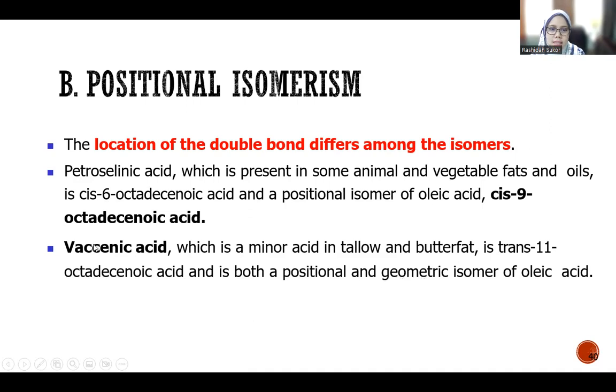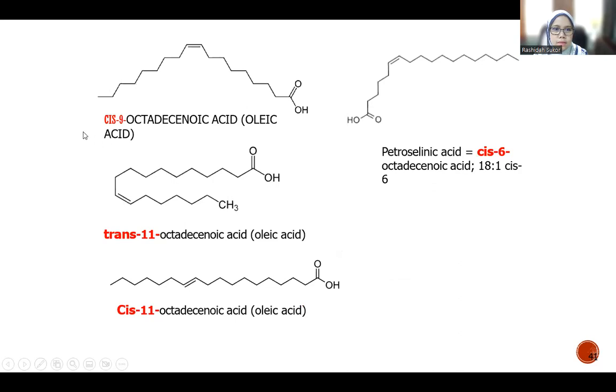Dia sama macam ni lah. Okay. Semua dia cis and cis or trans and trans. Okay, dia sama macam tu. Okay, so cis-9-octadecanoic acid. So dekat sini cis-9 and then trans-11-octadecanoic acid. Dia akan jadi trans lah.